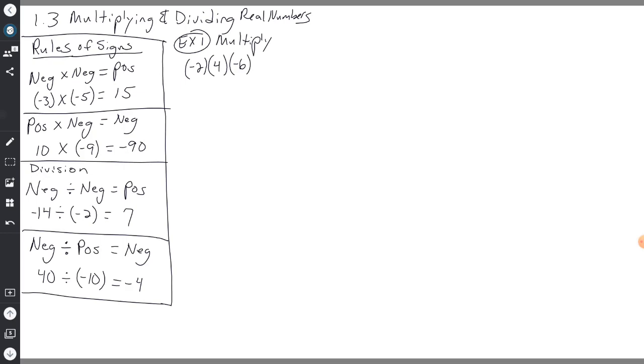So here we have negative 2 times 4 times a negative 6. And we know it's multiplication because there's parentheses holding each one of the numbers, and there's no sign in between the parentheses, so that just means it's multiplication.